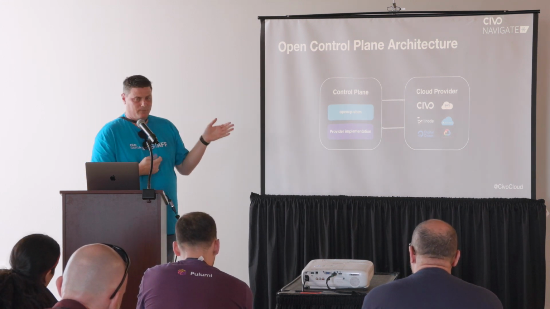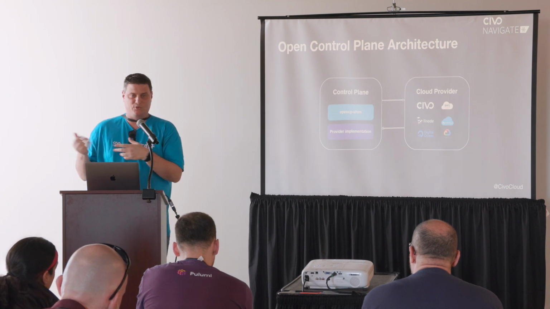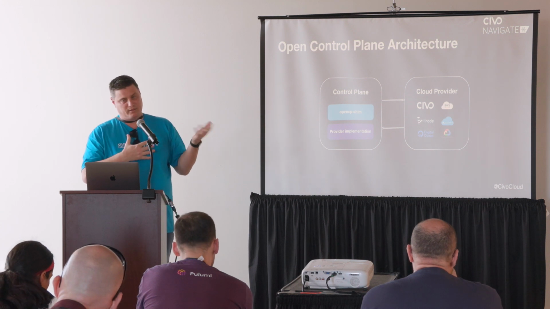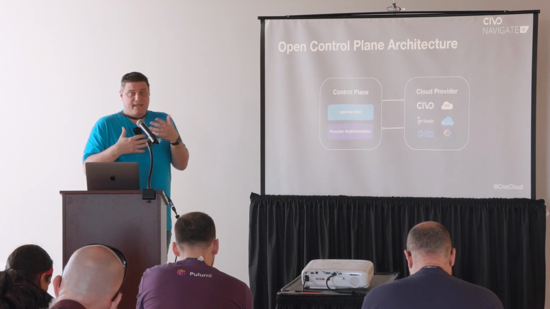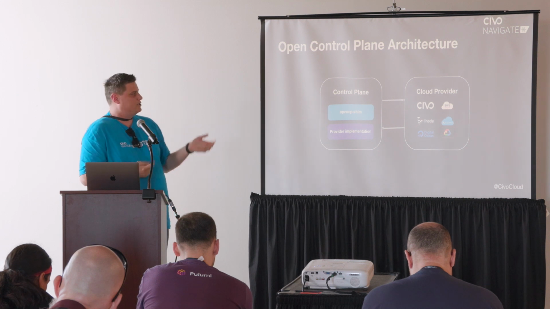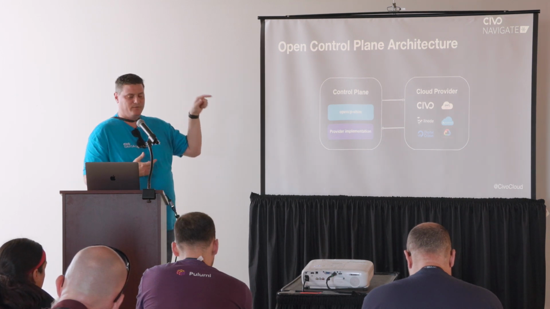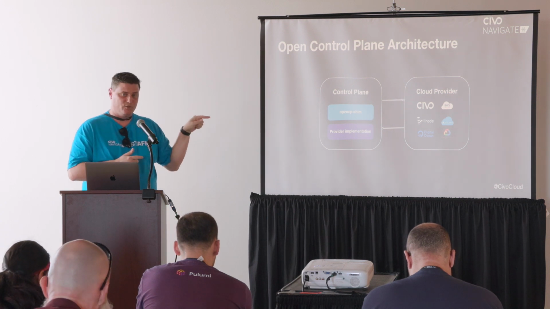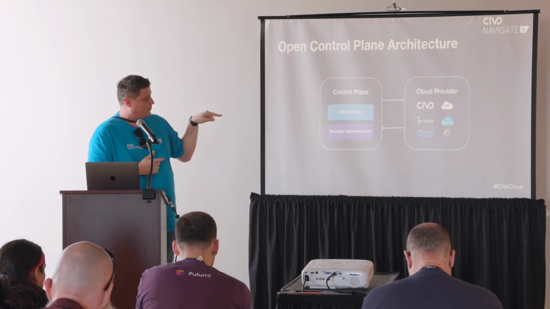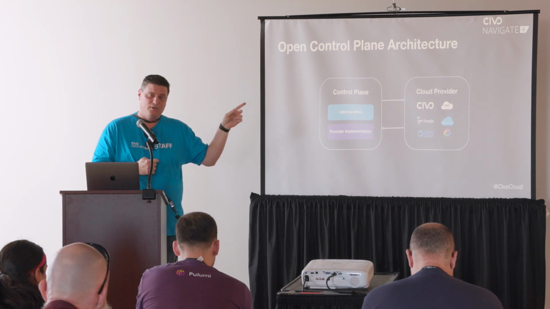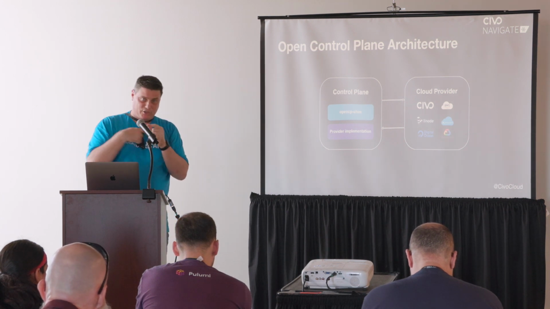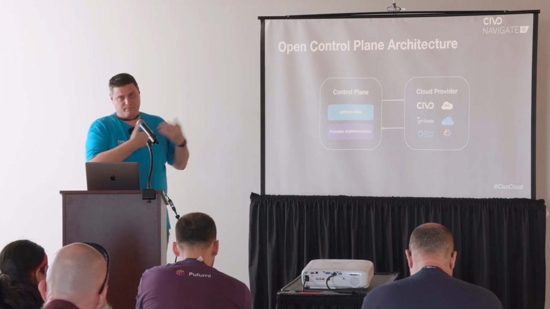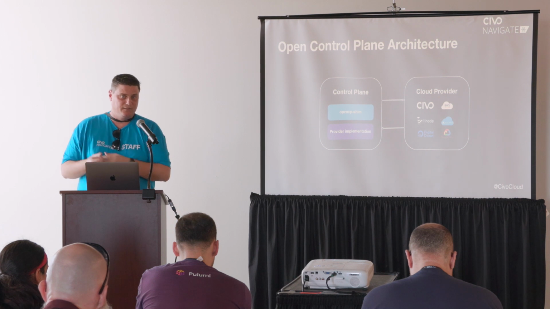The OpenCP shim uses the protobuf files to create the client, and the provider implementation, in our case Civo Open Control Plane, uses the same spec to create the server. So kubectl talks with the shim using REST. The shim talks with the implementation using gRPC, and the provider implementation talks with the cloud using REST, and returns the response along the same path: REST, gRPC, and we convert it back into the format for kubectl.